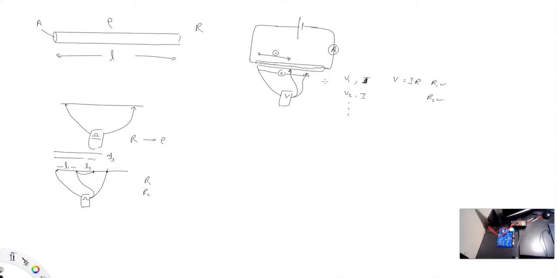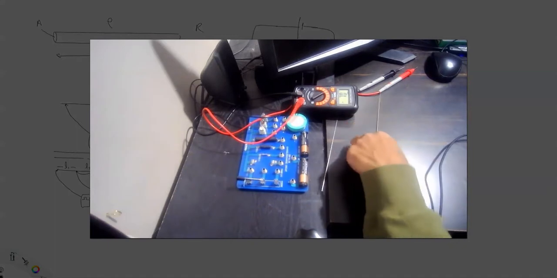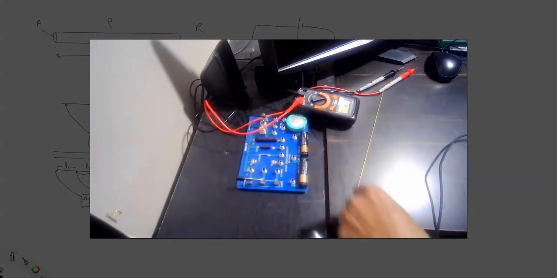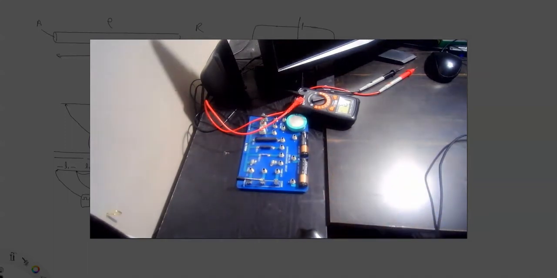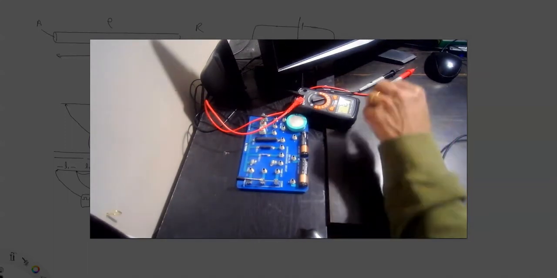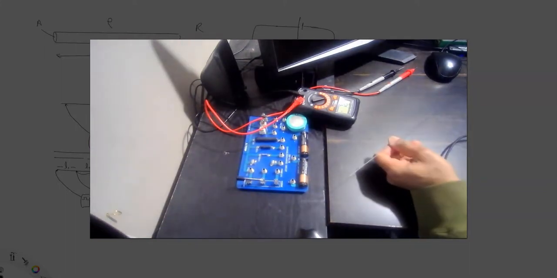So let me show you what it looks like when you build the circuit. Okay, so here we have two types of wires, and we'll be using both. In activity 1, we're going to use this particular wire.